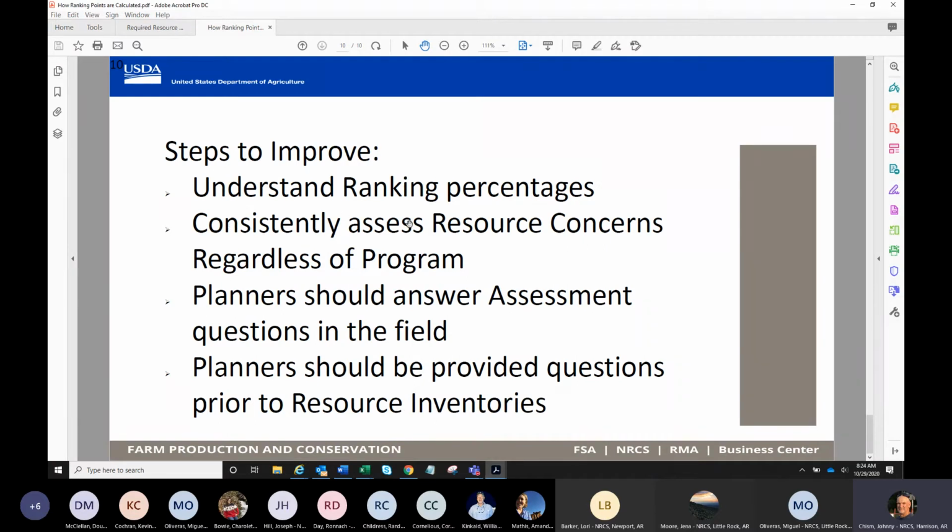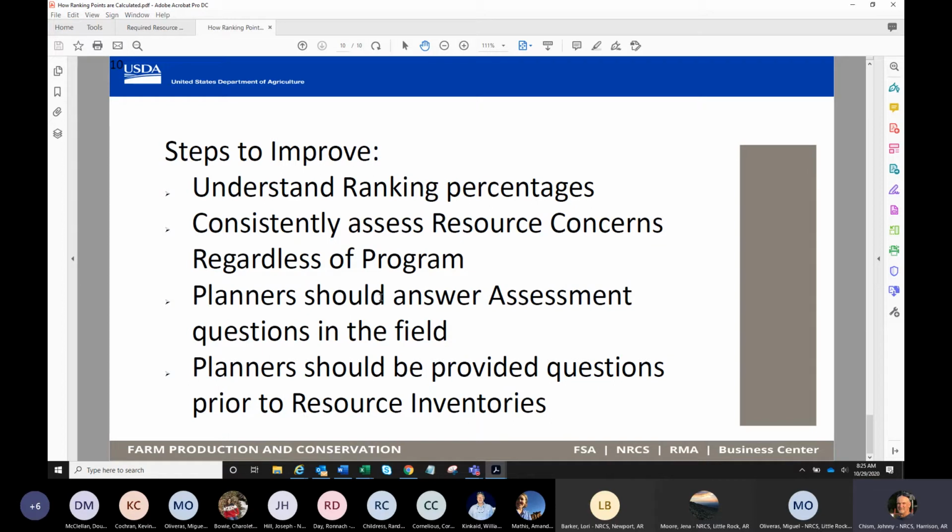And if we consistently assess resource concerns, regardless of program, so regardless of whether it's an EQIP or a CSP, or if it's just a general planning, field offices should assess a certain set of resource concerns by land use. And I think if we can make sure that happens, it will improve our consistency among our rankings.